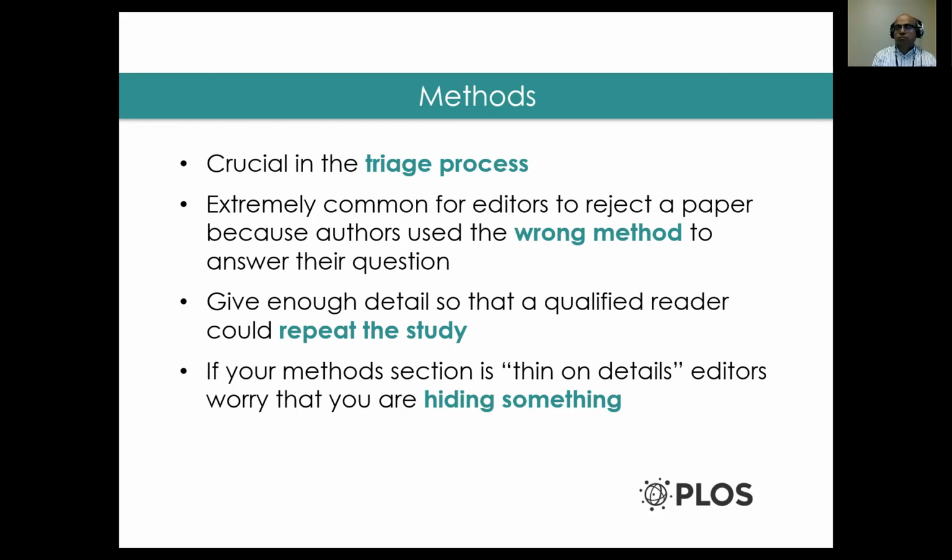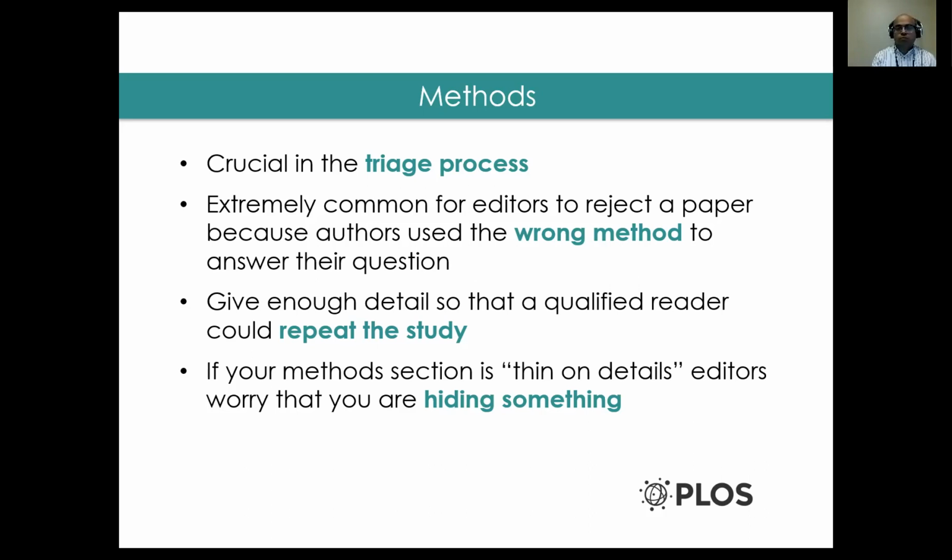You need to give enough detail so that a qualified reader can replicate your study. This is super important in terms of both journal publications and also NIH. So the ability to replicate studies is a big issue now, as you may know, when you submit an NIH grant, you have to address this issue, how you're going to make sure that your study can be repeated.